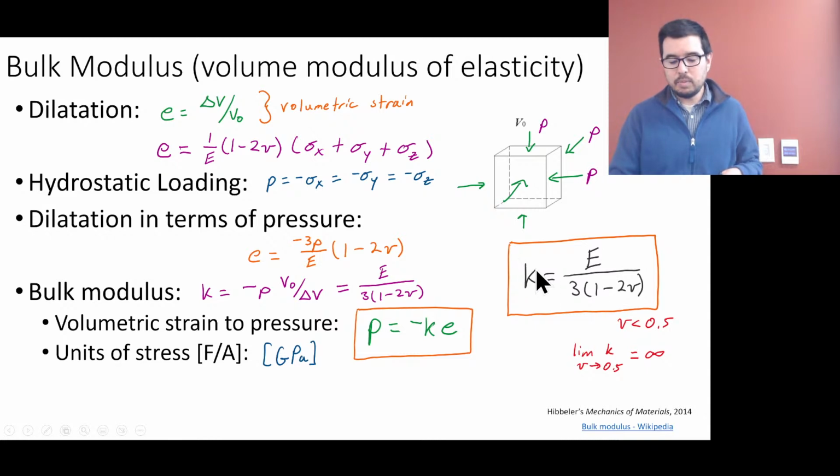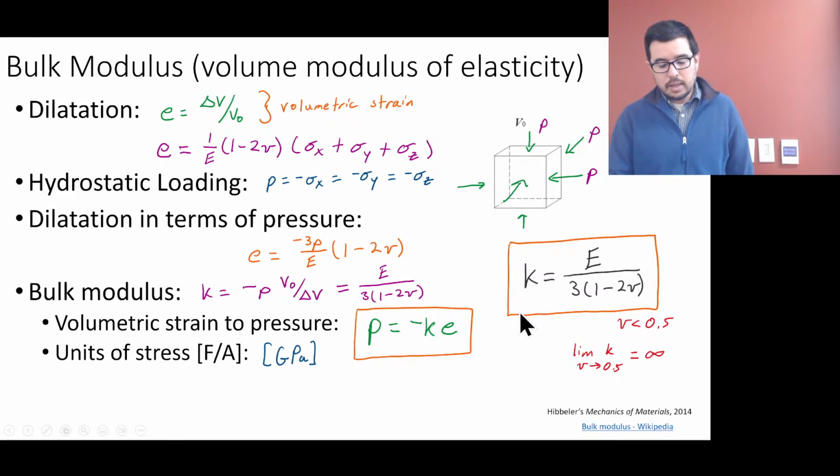This K would essentially explode. And if it explodes, and so this is infinite, that means you would have to put an infinite amount of pressure into the system to get it to contract. And that is also not very realistic.